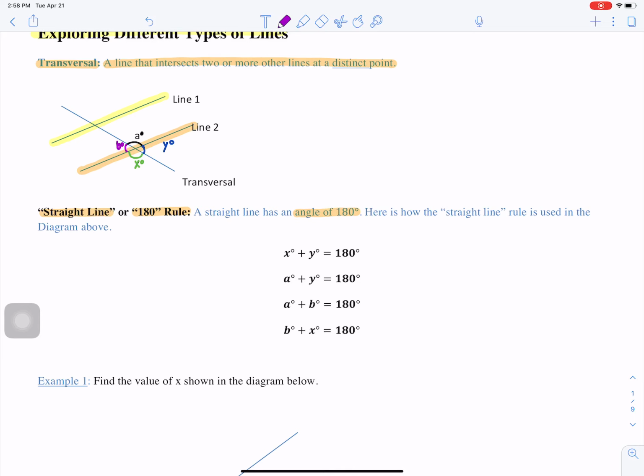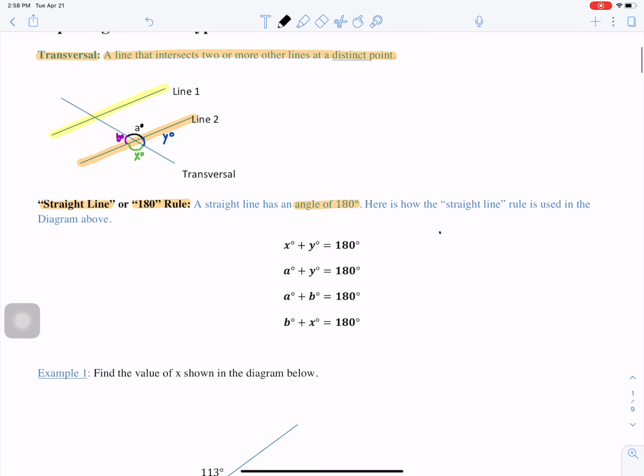In my diagram, angle X plus Y are right beside each other below line 2 where the transversal is intersecting, and X plus Y sits on a line, and so angle X plus angle Y has to add up to 180 degrees.